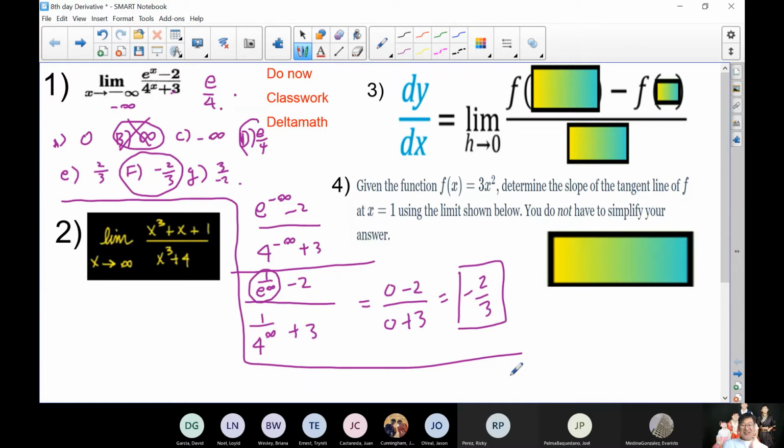So anyway, number 2. Now this is a positive infinity, right? So positive infinity here, here, and here. So I plug in where x goes to infinity. What does this function produce? Infinity cubed plus 1, over infinity cubed plus 4.